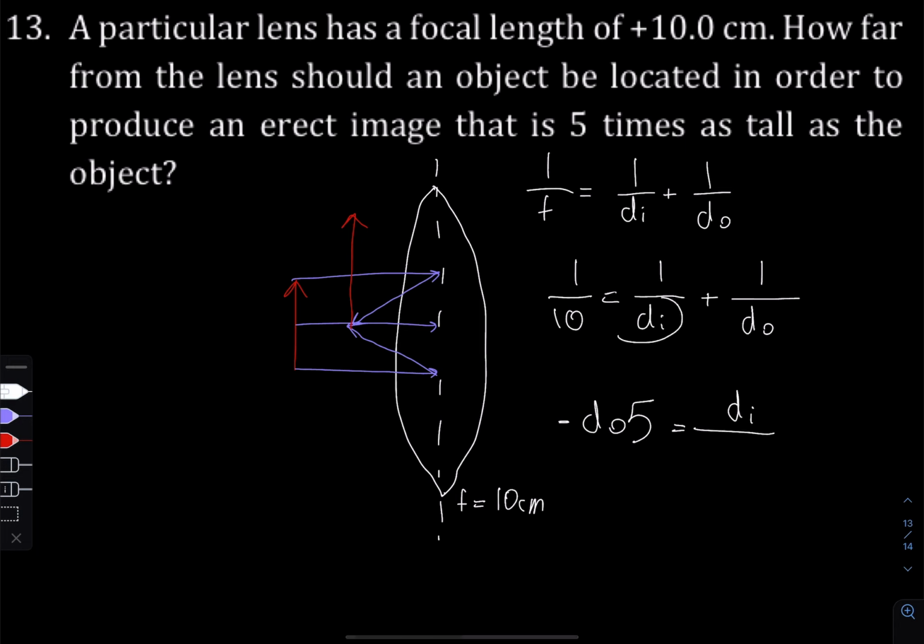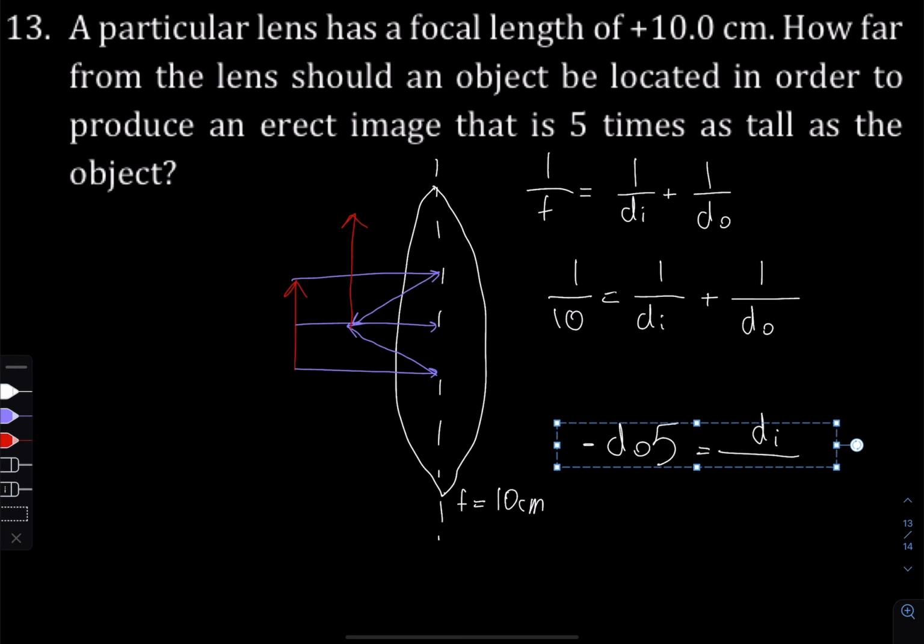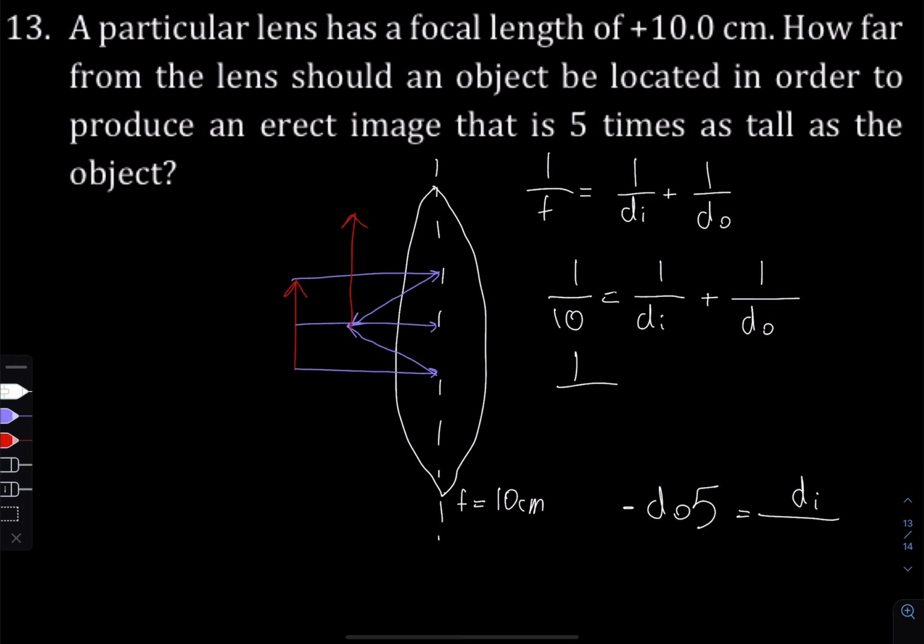So as opposed to di, we can put negative 5 do in the equation. We can multiply both sides of this one by 5, so the 1 becomes a 5 on top. Multiply this one by 5. And we can make the right side negative, so we say negative 5 and negative 5 over here.